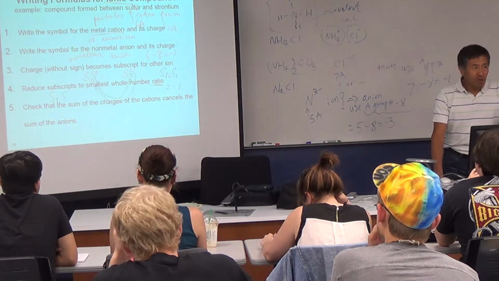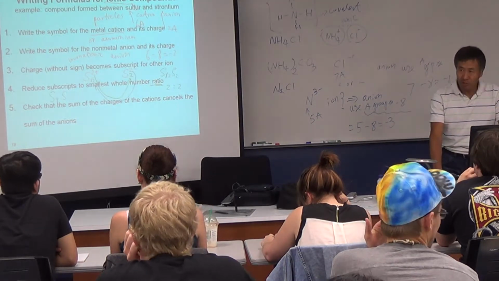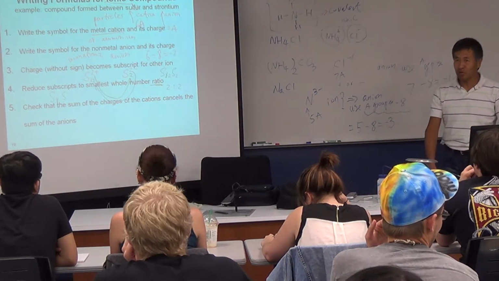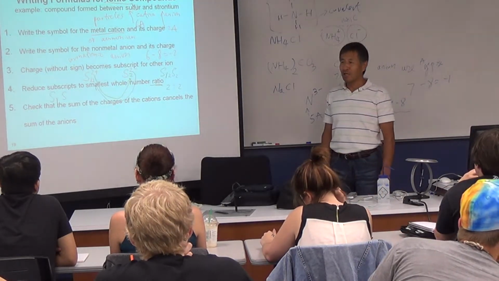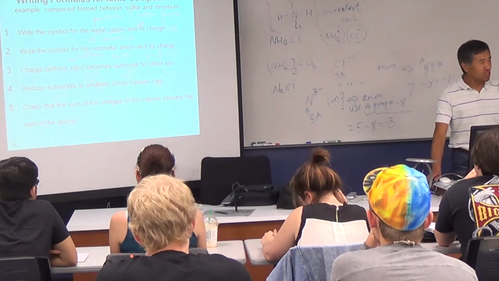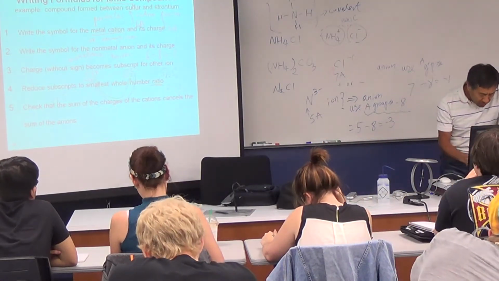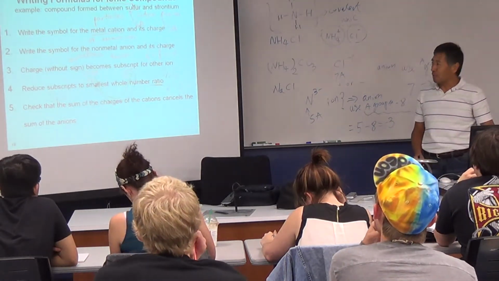Step 5, we can do that or not. If you follow the procedure right, you know you will get the right answer. So if you want to really do a check, you take your answer from step 4.